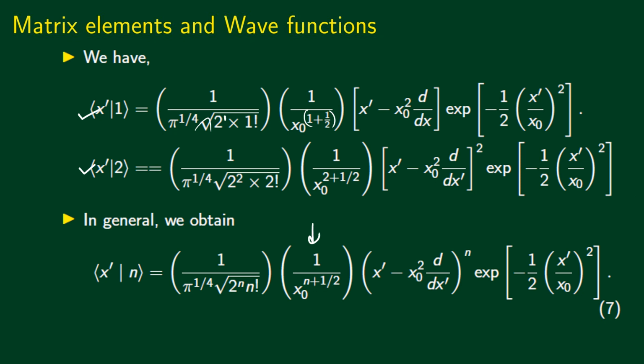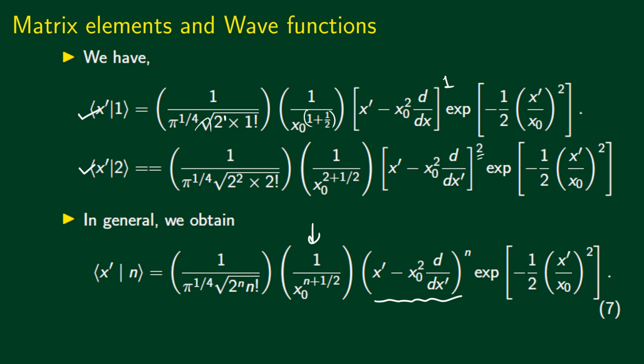Again, for the first excited state, here we have this operator raised to the power of 1. And for the second excited state, we have the same operator squared. For the third excited state, we would have the same operator cubed. For the nth excited state, we would have x prime minus x0 square d by dx prime whole raised to the power of n.